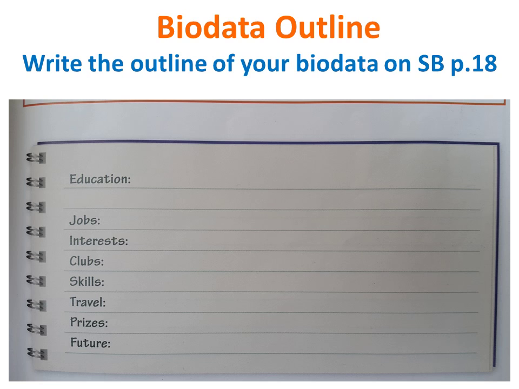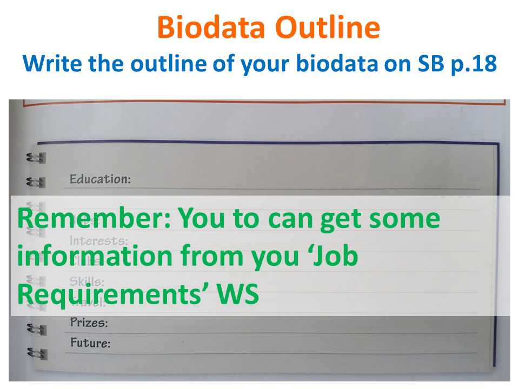You want to tell people what you're interested in, maybe some clubs you've joined, what kind of skills and abilities you have, if you've traveled overseas, if you've won any prizes or competitions, and definitely the future. You want to be able to say something about your hopes, your goals, your dreams for the future. And we want to relate this to your work, the job that you are applying for. Remember, you can get some good information from your job requirements worksheet that we did last week.